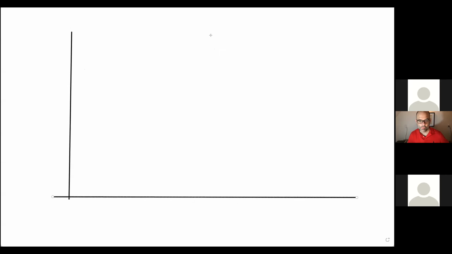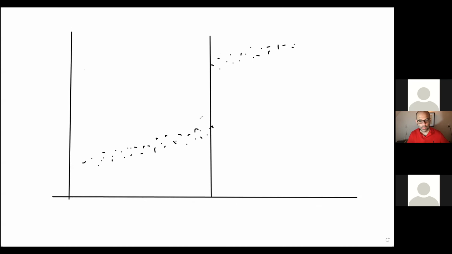Let me put this here. All right, so we'll do the typical drawings that we do. I'll do this as the counterfactual. Let's say that this is my best understanding of what's going on.